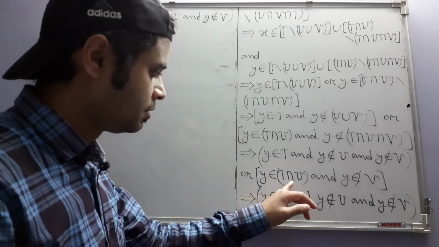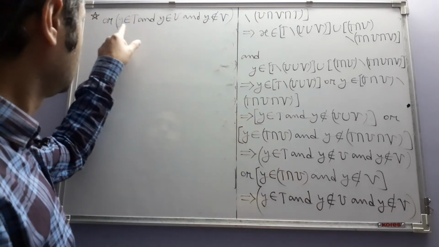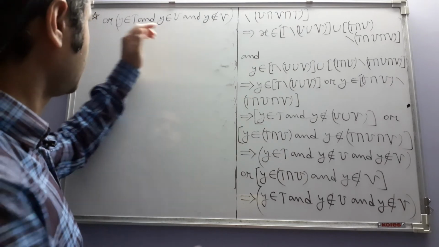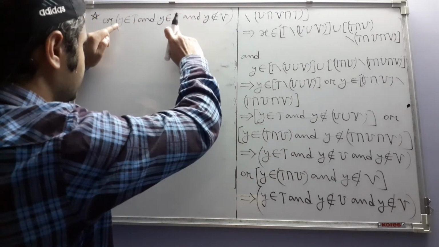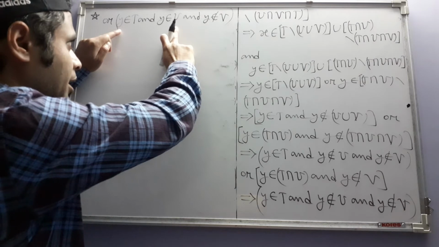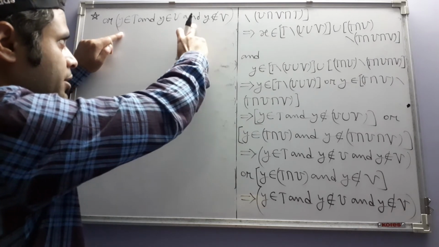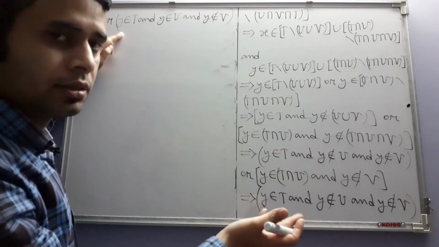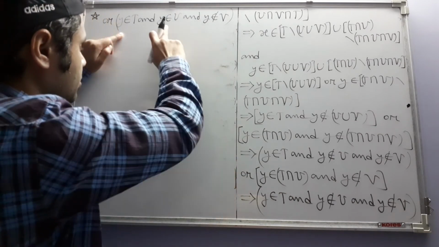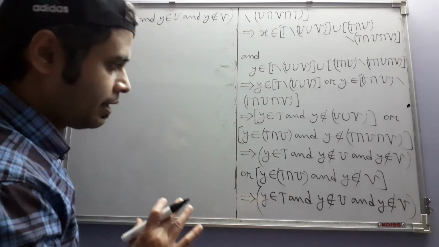Ideally, when I am writing this, I should have enclosed the first two within brackets, and then written and this outside that bracket, but I have not done that.